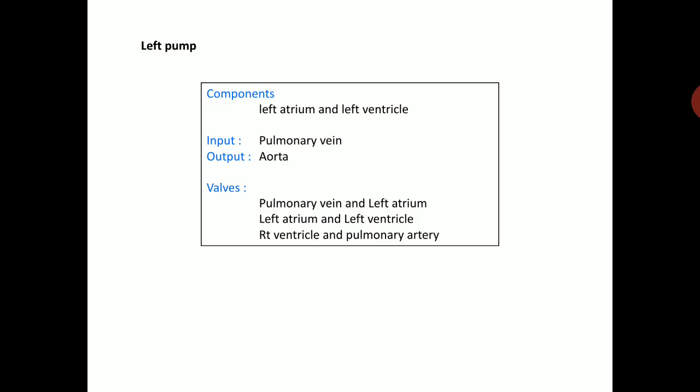Now coming to the left side of the pump. The left side pump has components: left atrium and left ventricle.